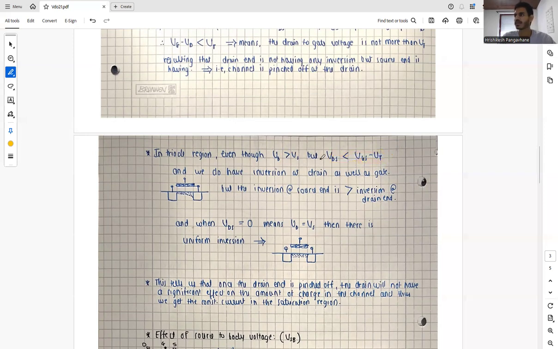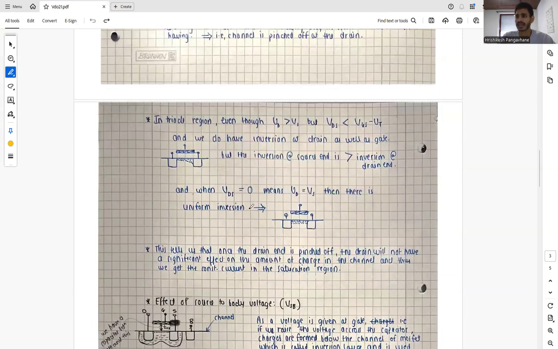We do not have full inversion at the drain, but the inversion at the source end is greater than the inversion at the drain end. When VDS, drain to source, is 0, meaning drain and source are at the same potential, VD equals VS, there is a uniform inversion as we expected.